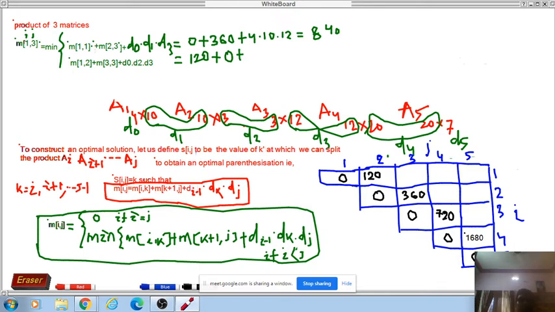D0 is how much? 4. Then D2 is how much? 3. Then I have to take D3, how much? 12. That is equal to how much? We'll calculate, we'll find 264. Are you understanding? Clear?